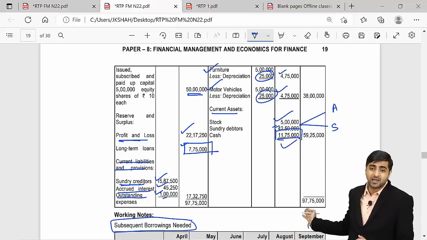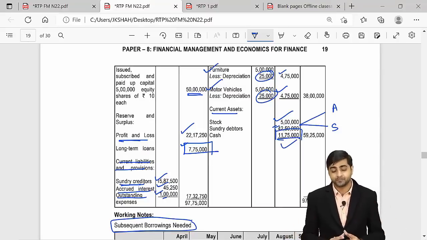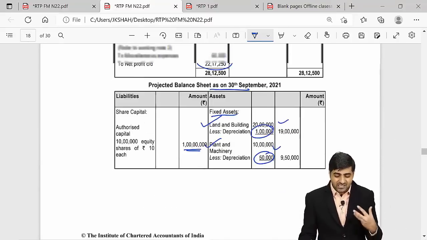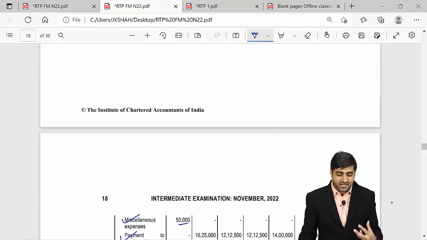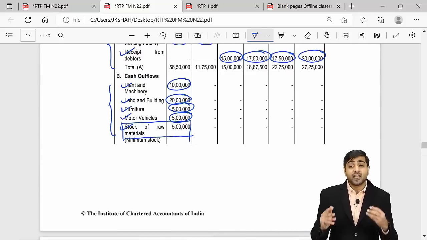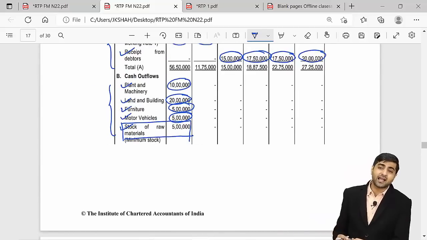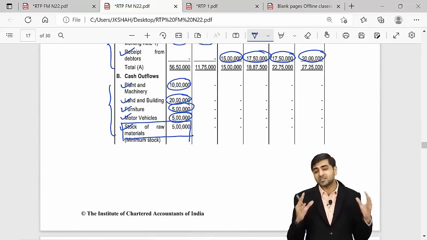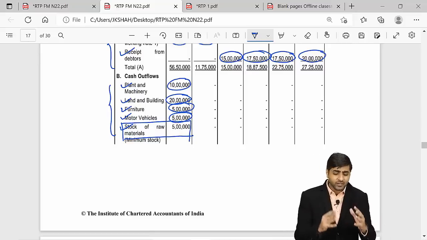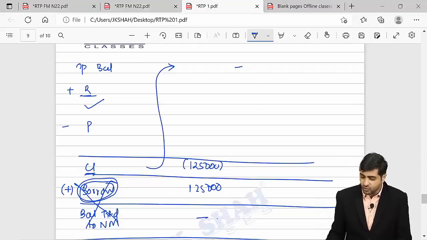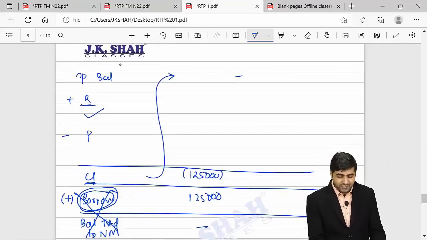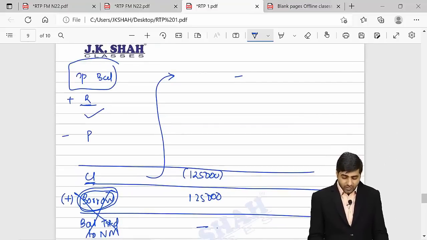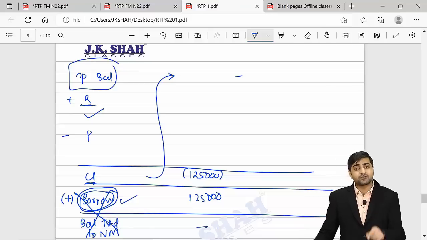On this basis, your balance sheet will then subsequently tally, okay. So this is how the process is. But first you should always start by preparation of cash budget, and then when you do income statement and your balance sheet, it will become much easier for you. And to practice this particular part, I also told you that you can prepare the cash budget in this format as well, and you can include your borrowings as part of the format.